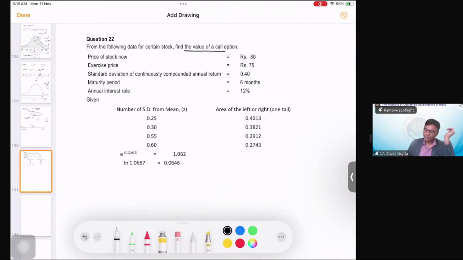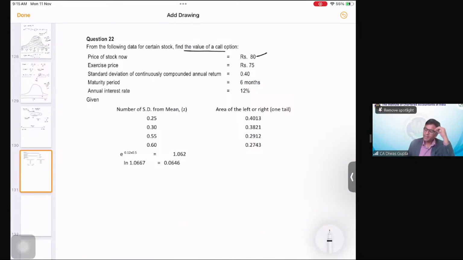Price of stock now is 80 rupees. Exercise price is 75. The spot price is given, the exercise price is given. Standard deviation of continuously compounded annual return is 0.40. Straight away, they have given you the volatility. Maturity period is 6 months, which is time to expire, T. Annual interest rate is 12%. This is also given.